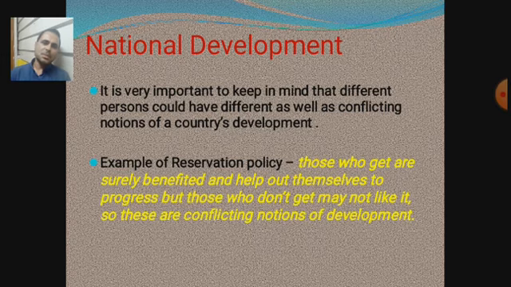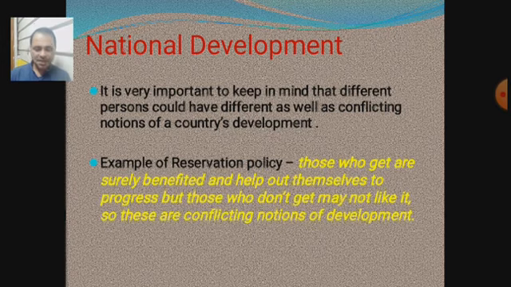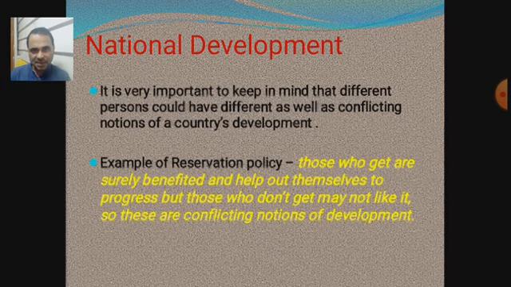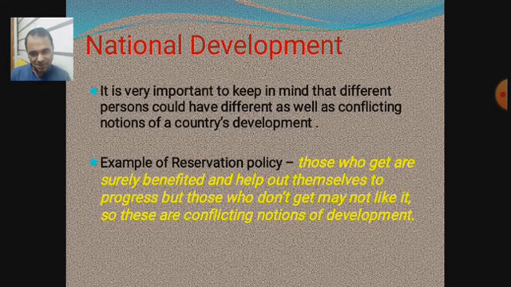Those groups of people who are benefiting from it and who are able to progress in their life, and it helps them achieve certain aspirations and goals, for them it's very meaningful. For them it is one of the important assets to grow. But what about those groups of people who don't get this kind of facilities?